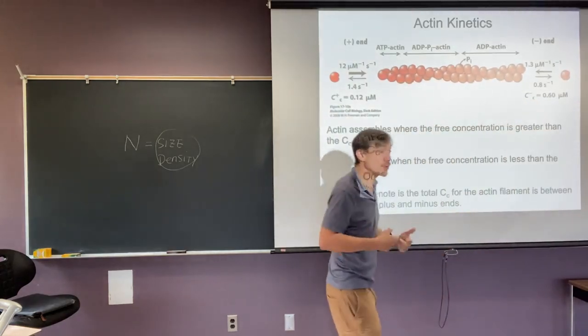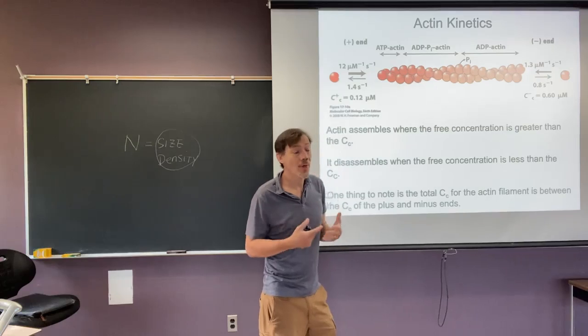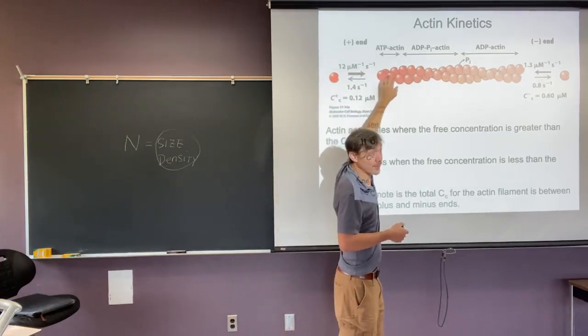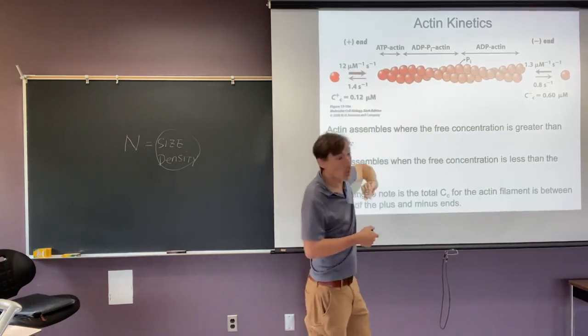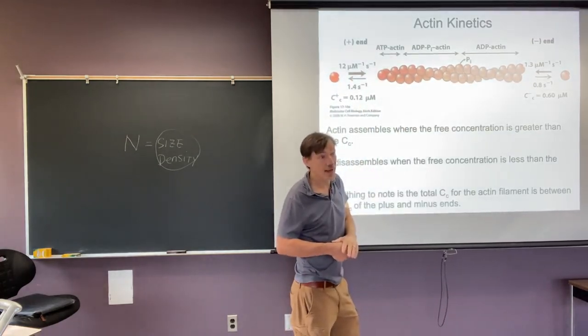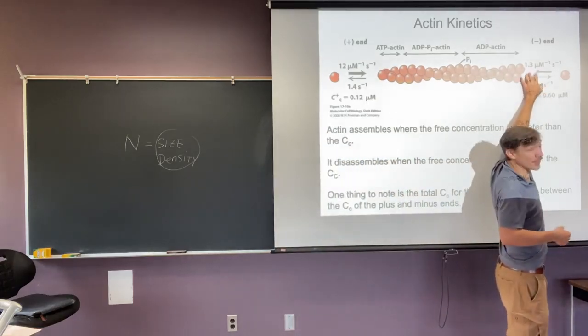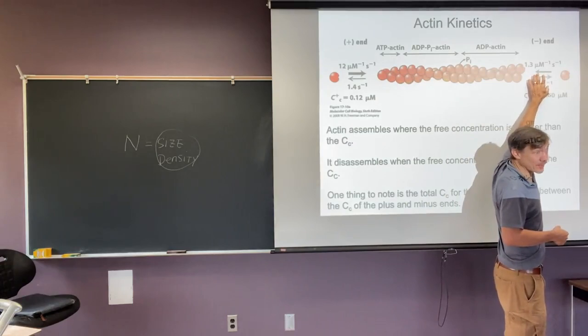When you bring these ideas together, you get assembly on the plus end of the filament because it requires a lower concentration of G-actin for assembly to occur. And you're going to get disassembly on the minus end of the actin filament.